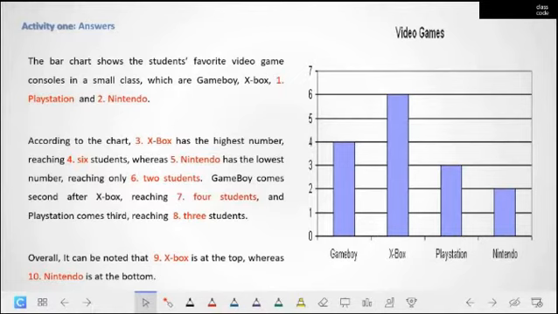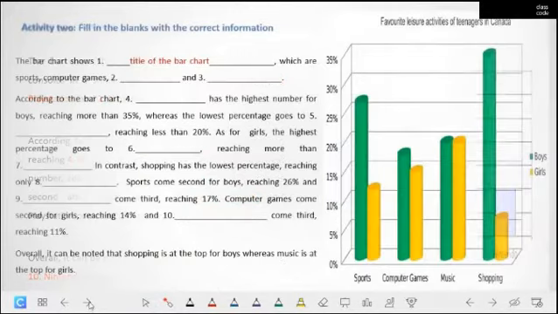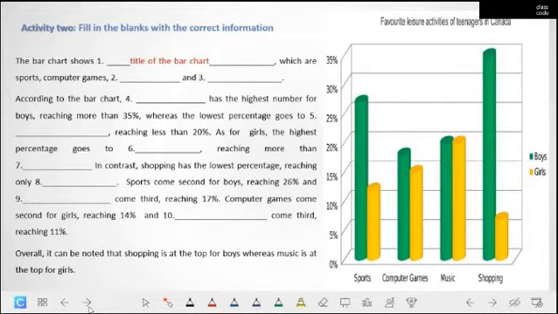Now, the following bar chart has a comparison between boys and girls. Boys are in green, and the girls are in yellow. I want you to study the bar chart, and as you read the description, you will notice that there are a couple of contrast words because I am making a comparison between boys and girls.